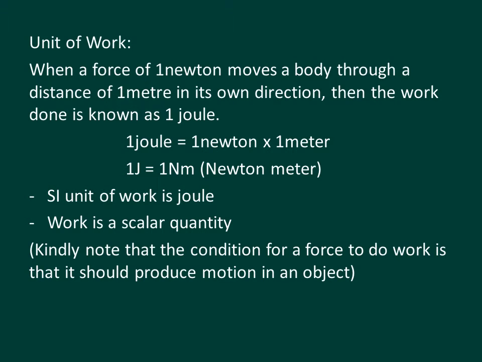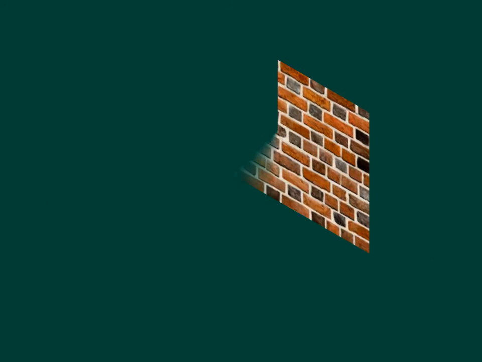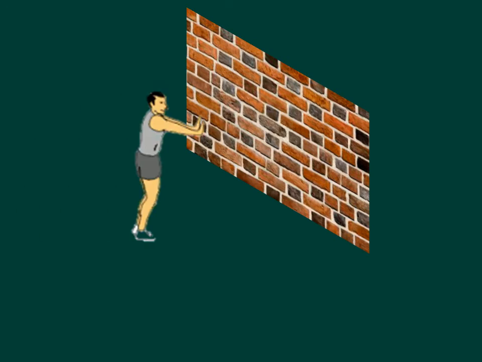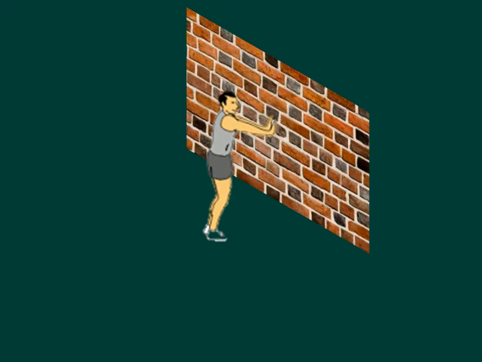Kindly note that the condition for a force to do work is that it should produce motion in an object. That is, it should make the object move through some distance.